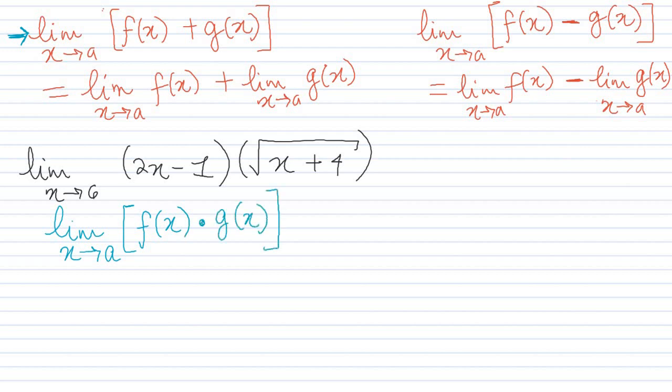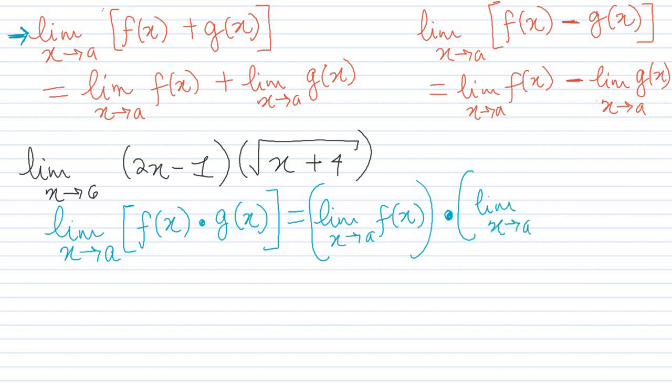You just apply the product rule of limits. So what you end up with is the limit as x goes to a of f of x, that's one, multiplied by the limit as x goes to a of g of x. And that is how you solve this.